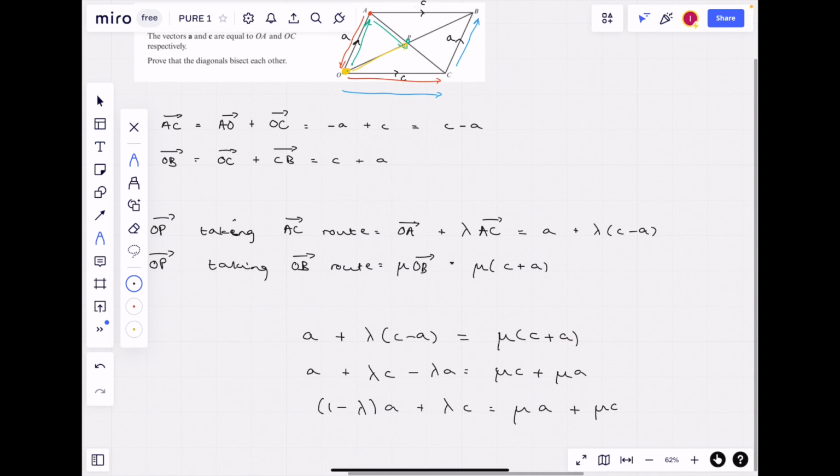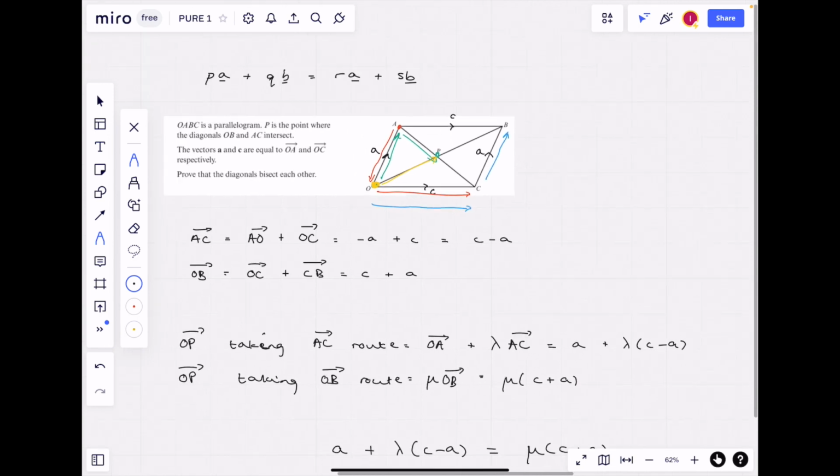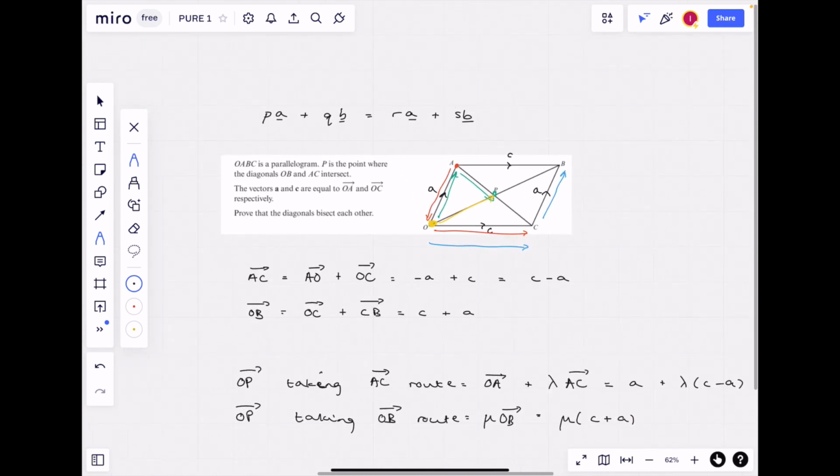Now let's circle back with what we did at the start. What I gave you: PA plus QB equals RA plus SB. In this scenario, P equals R, Q equals S. So these two coefficients of A are the same, and these two coefficients of B are the same.